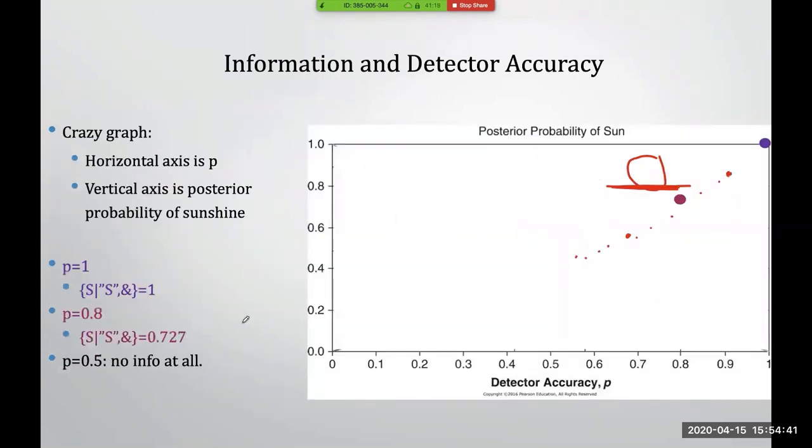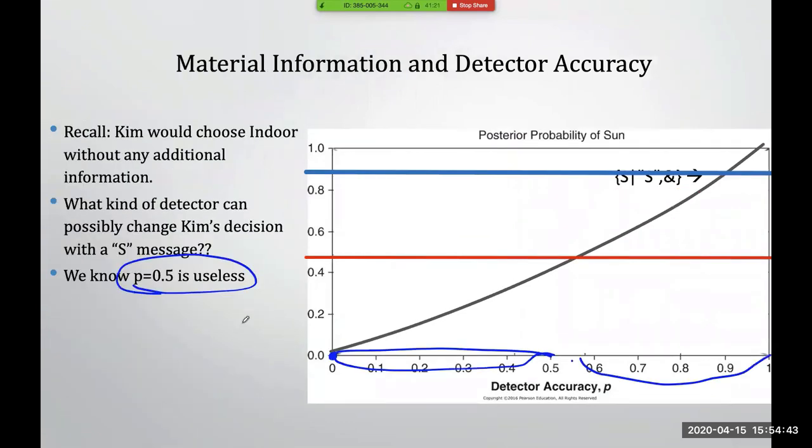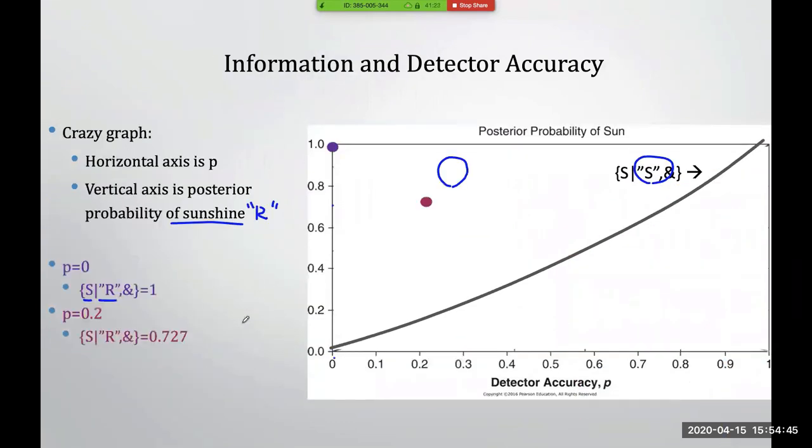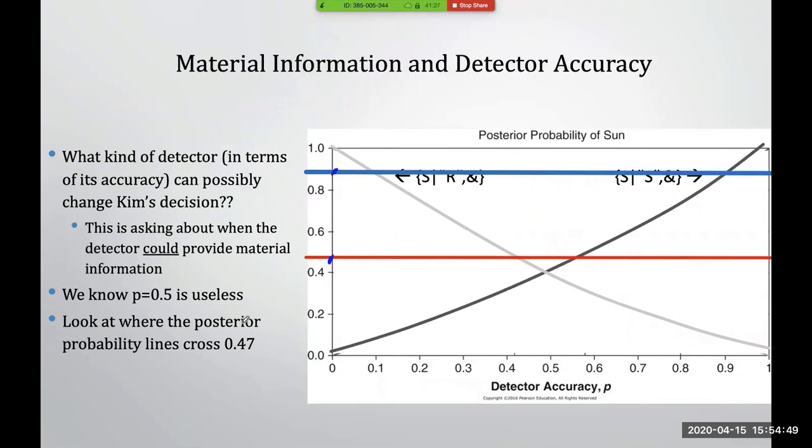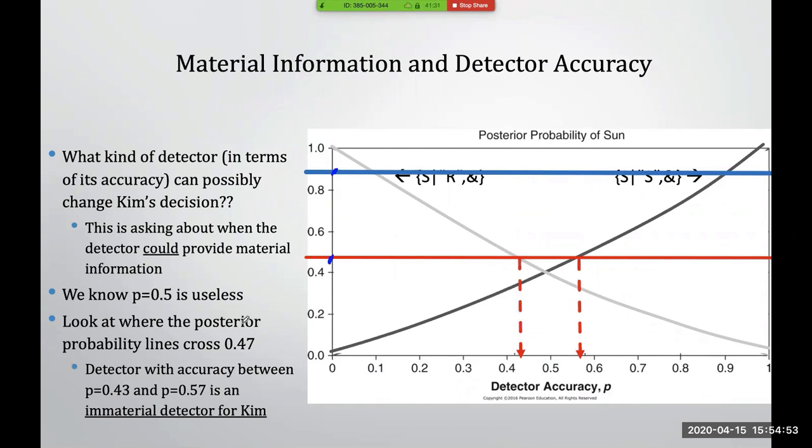Okay, so this is the end of the lecture for chapter 13. I hope you can see this is a very, very tricky part of this chapter. But the logic or intuition is pretty clear, and we're just looking at what kind of accuracy we need for a rain detector in order for it to potentially change Kim's decision.